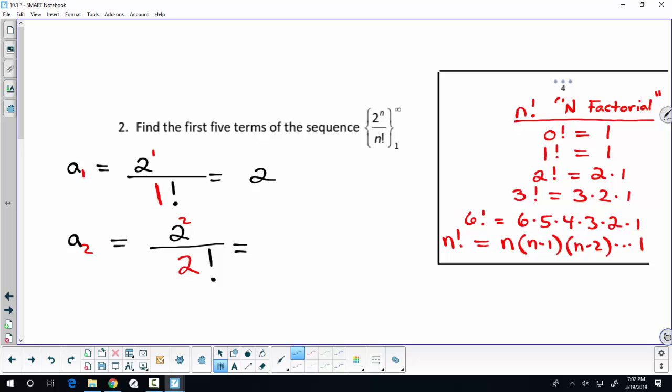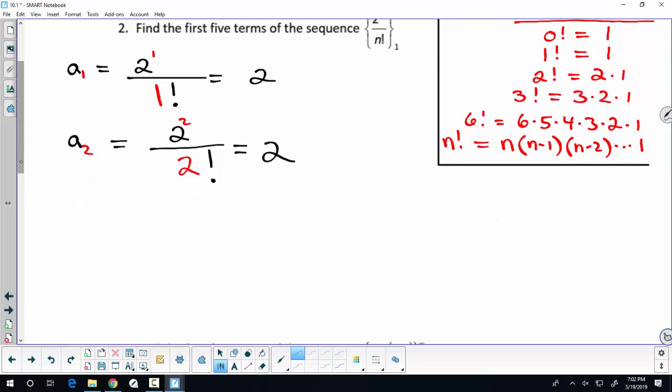So what would that give us? 4 over 2 factorial, which is 2 times 1. So 2. Third term: 8 over 6, it's 2 cubed over 3 factorial.